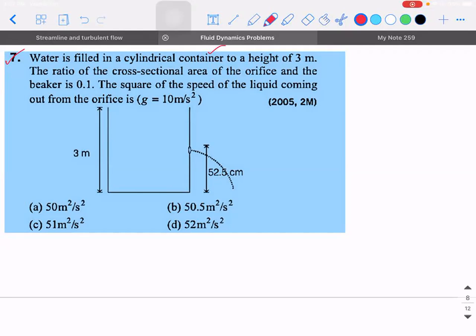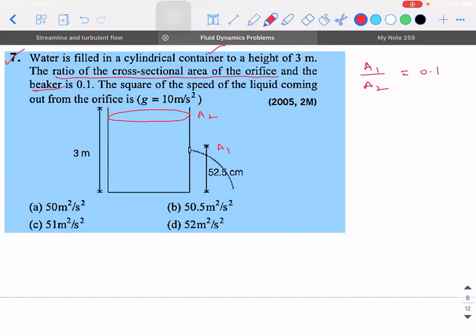The ratio of the cross-sectional area, so this is an important point. The ratio of the cross-sectional area of the orifice and the beaker is 0.1. If you take this to be the top surface, if I take this as A2 and this as A1, what have they given? A1 by A2 is equal to how much? It is 0.1.